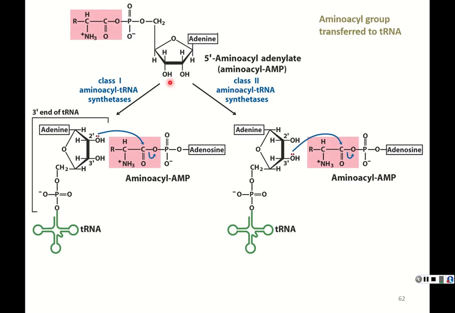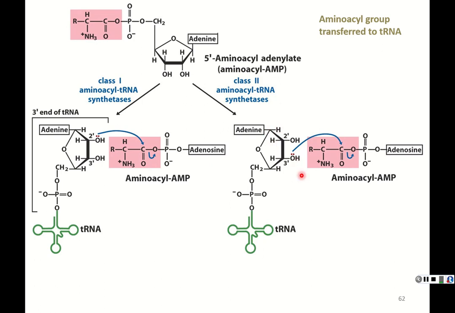Right? And then depending on the class of enzyme that you use, depends on what position you're attaching it to. So class 1, you get a nucleophilic attack from the 2' hydroxyl on the final adenine base of your tRNA. So that attacks your terminal carboxyl in your amino acid, and then you get the release of AMP.